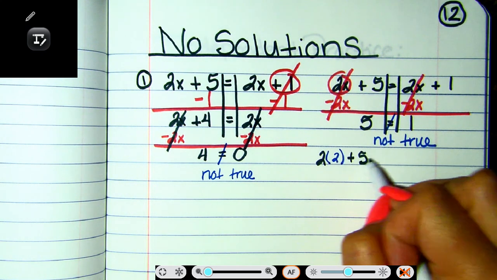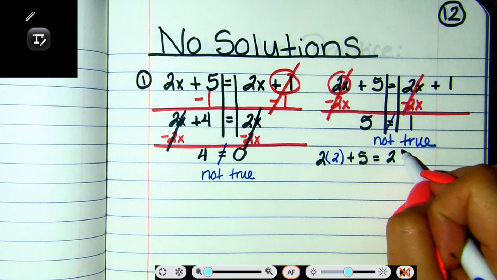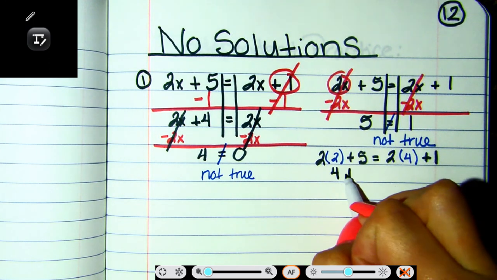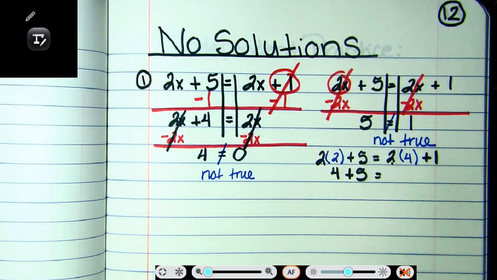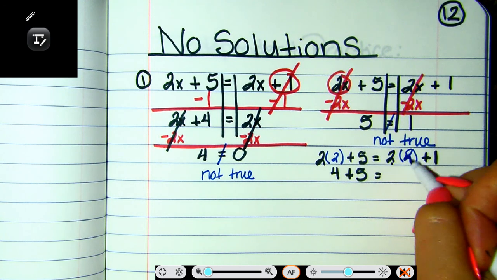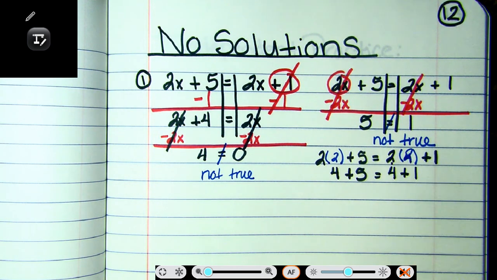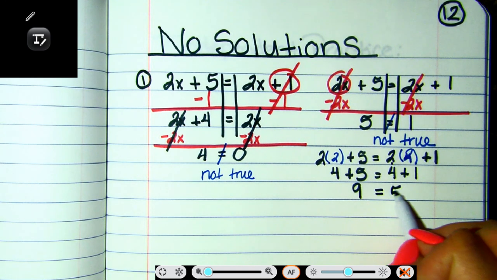No, 2 is not a solution, but again, I want to make this real, so let's use some real numbers instead of variables. 2 times 2 is 4 plus 5, and 2 times 2 is 4 plus 1. 4 plus 5 is never going to be equal to 4 plus 1, meaning 9 is never going to be equal to 5.